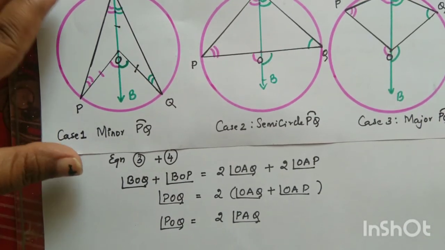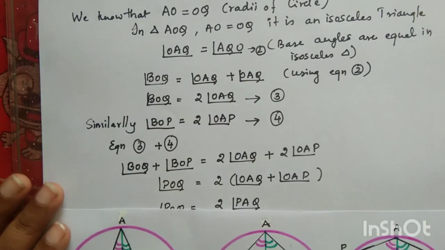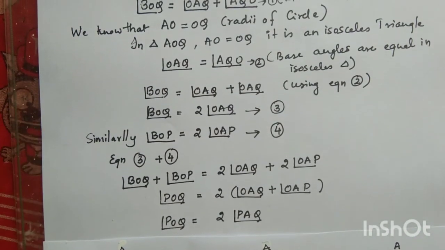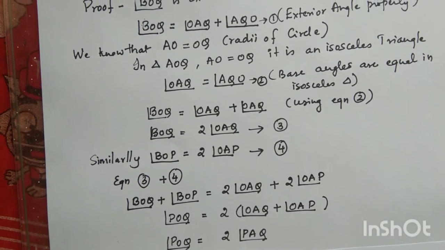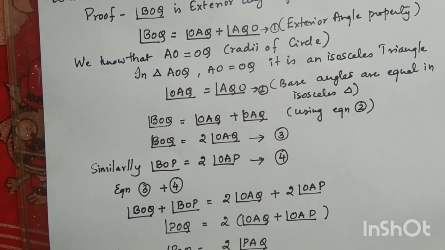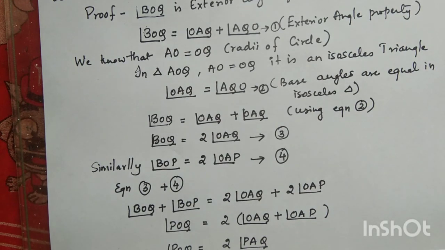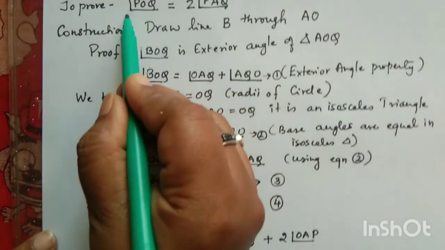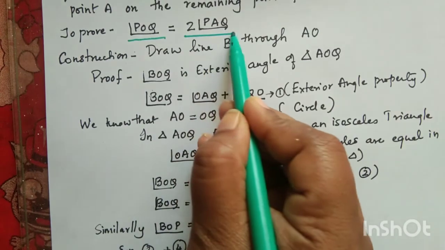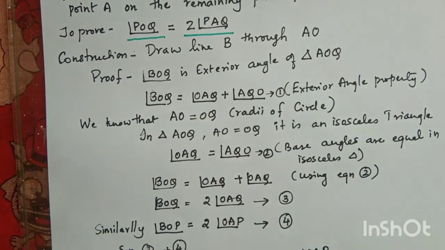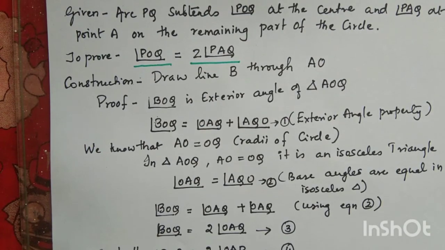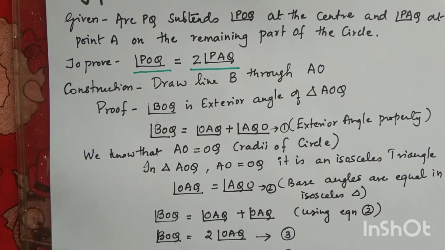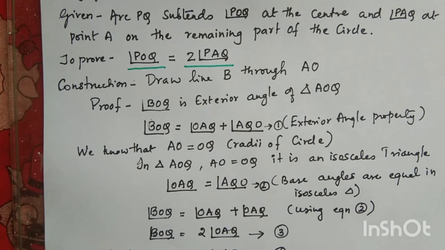You can just have a look at all the three cases, it's going to be the same. So this is the proof. We needed to show that POQ is twice of PAQ, and now we have arrived at the result, and hence it is proved.